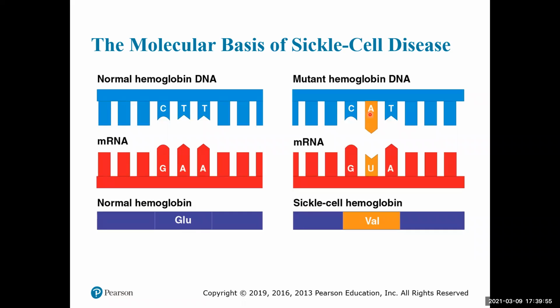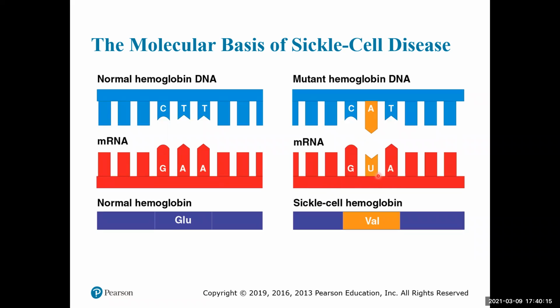Now, if this T is substituted for an A, you get a corresponding substitution for a U in the mRNA. So now your codon is not GAA, instead it's GUA.